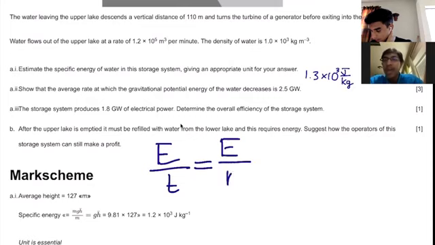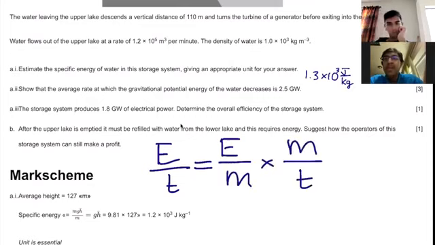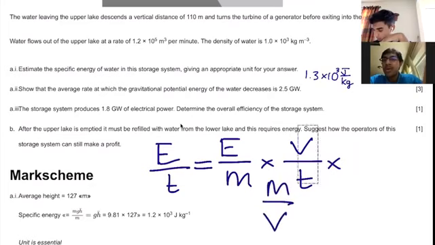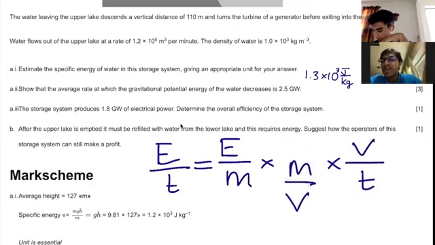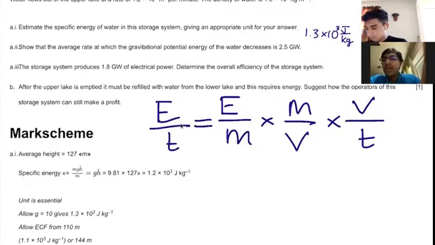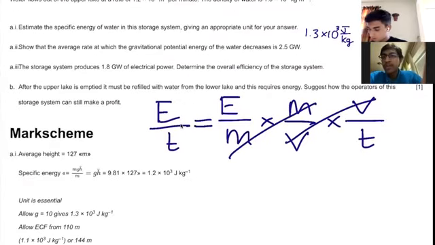And then they give us M over T. I think they actually give us volume over time, V over T. And then they also give us density, M over V. So things cancel just how we needed to. It's like a daisy chain, they cancel, so then you're just left with energy over time.